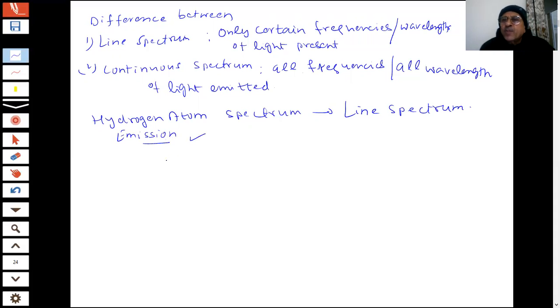This line spectrum is very important because if I take another element instead of hydrogen, it will also produce a line spectrum, but it will be different from hydrogen.